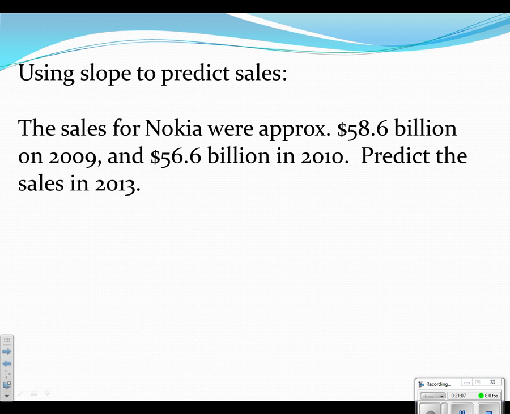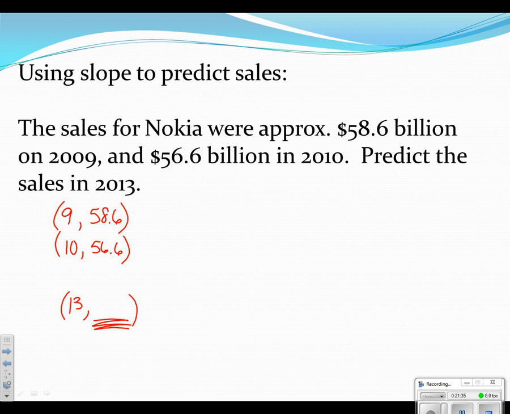So let's use 9 to represent 2009, paired with 58.6, and 10 for 2010, where our sales were 56.6. We want to predict what's going to happen in 13.